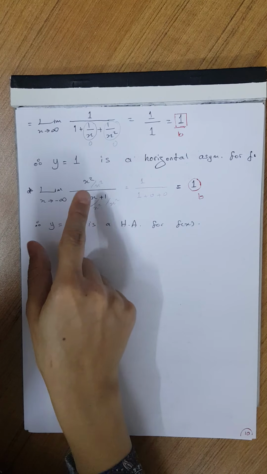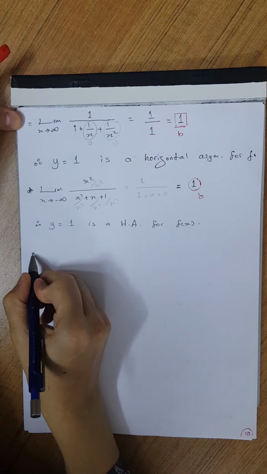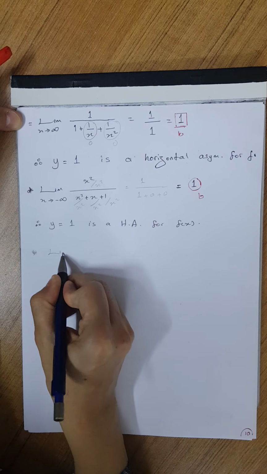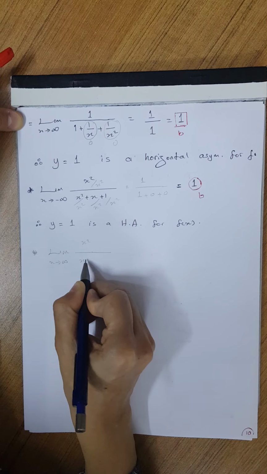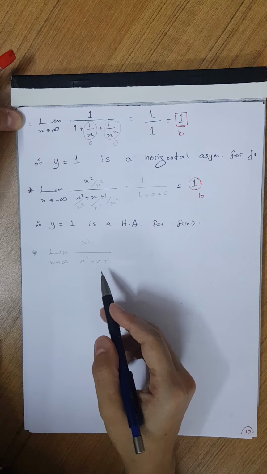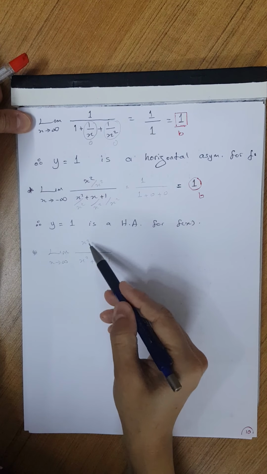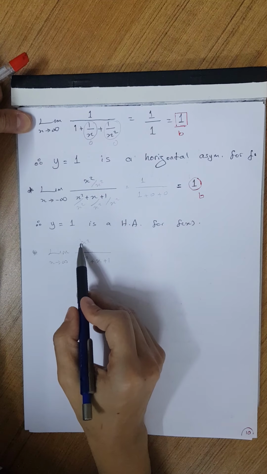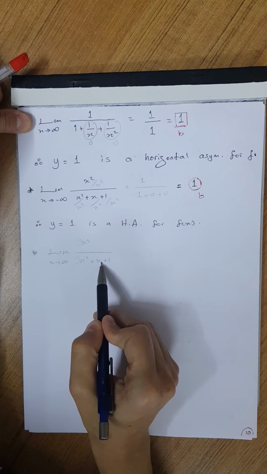Another way for finding that limit as x is approaching infinity, you have studied this one. If I have the limit as x is approaching infinity of the same function, x squared over x squared plus x plus 1, that's another way for finding that limit. If the powers of numerator and denominator are the same, we are taking their coefficients. If you look at the numerator, it is x squared, and the highest power in the denominator is x squared.